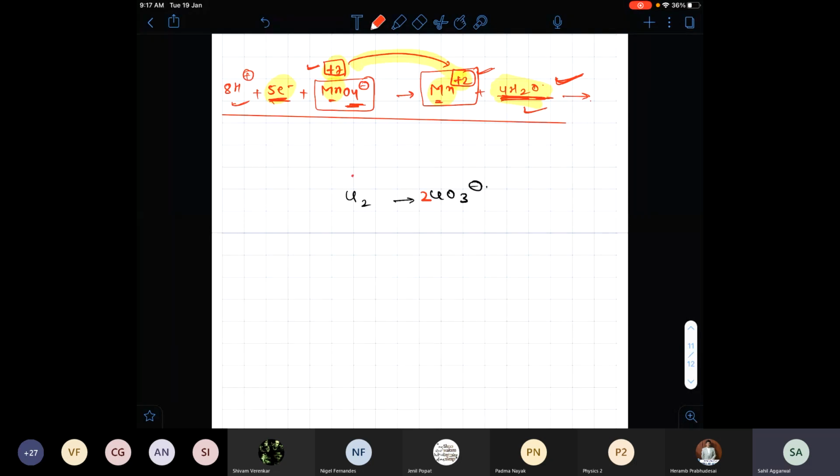Then calculate the charge. Left hand side charge is 0. Right hand side charge is 10. So add 10 electrons.